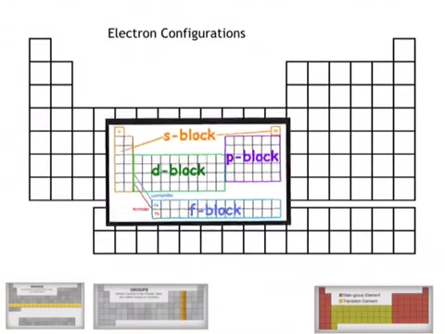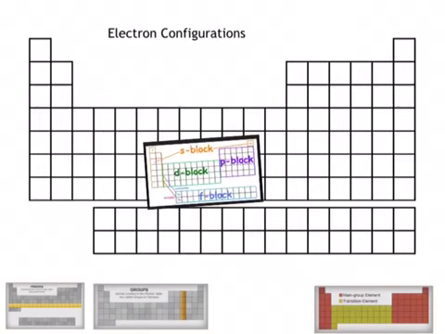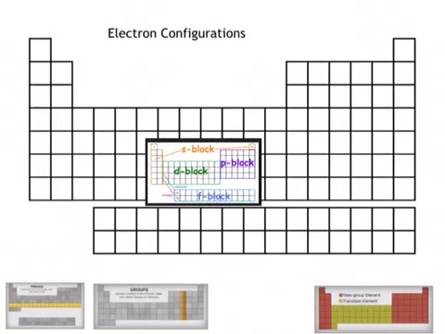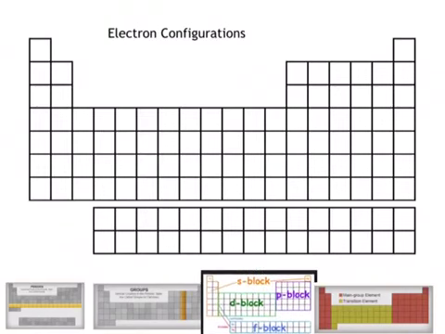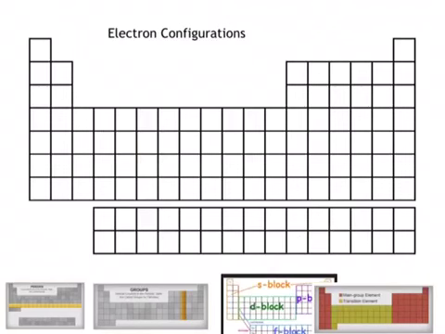Once you've done that, it's also important for us to remember what the parts of the periodic table are. And so on the next blank periodic table that you have, label that representative elements.